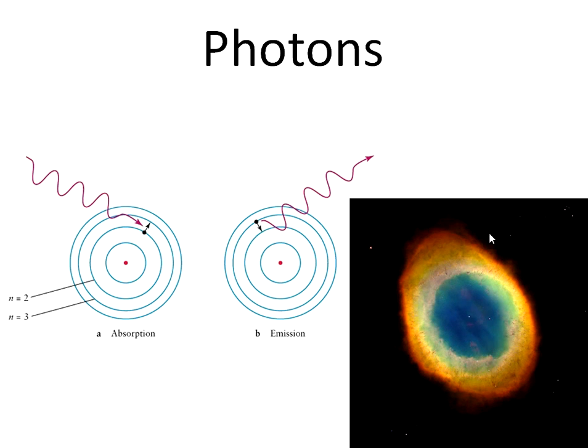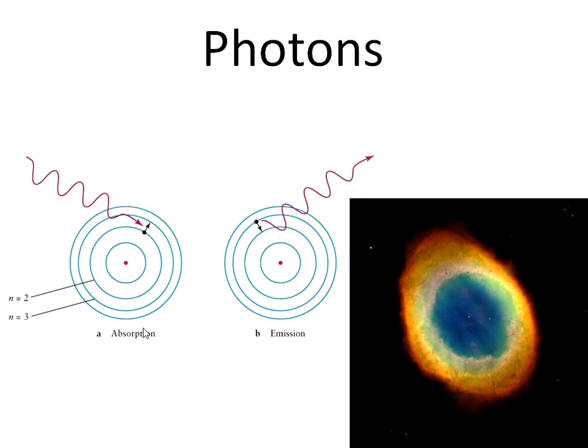And this gas, which is the outer layers of the star, which previously was part of the star, can absorb that ultraviolet light. It'll absorb the energy of those ultraviolet photons, and then it can re-emit light at a longer wavelength. So it can actually absorb the ultraviolet light and then re-emit visible light.